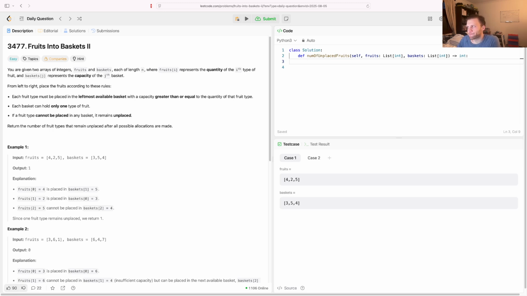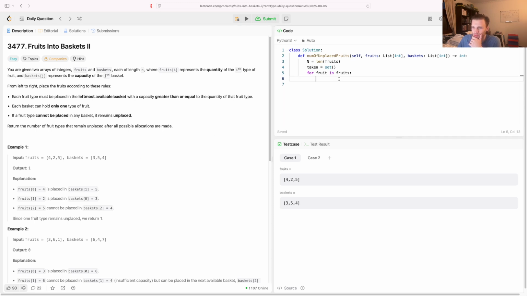Let's just go through this. We have to go through each fruit. This one's kind of weird, where we have to go over each fruit and also keep track of the baskets we've been to.